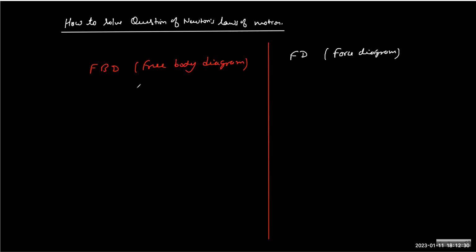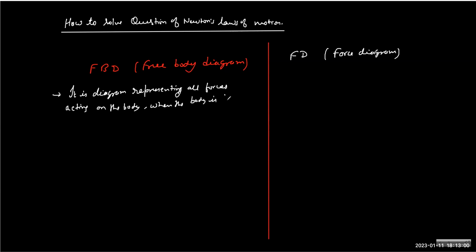So when I say a free body diagram, what does it mean? It is representing all forces acting on the body when the body is free from the system or all contact.